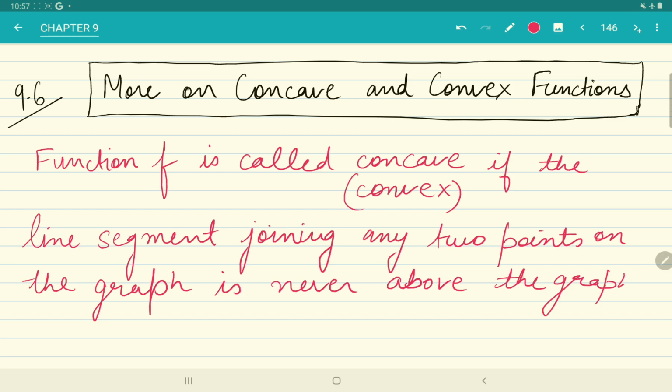And if I talk about a convex function, here if you have a line segment joining any 2 points on the graph, that line segment is never below the graph.